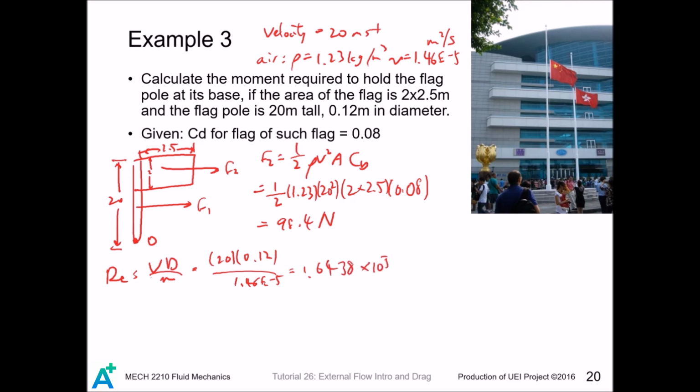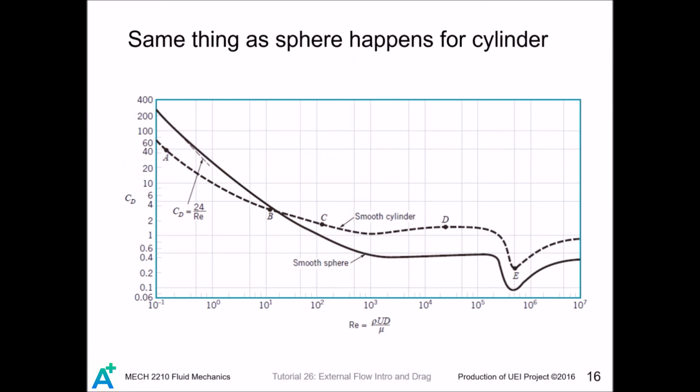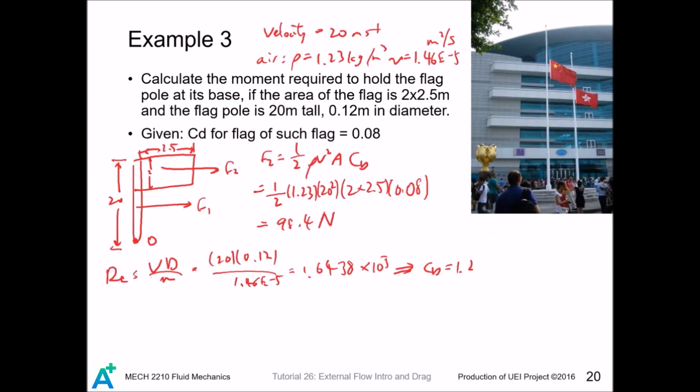And we go to the previous graph for the cylinder, and we are around here. We go horizontally. It reads about 1.2. So the area is the frontal area, and it is given by d times l.